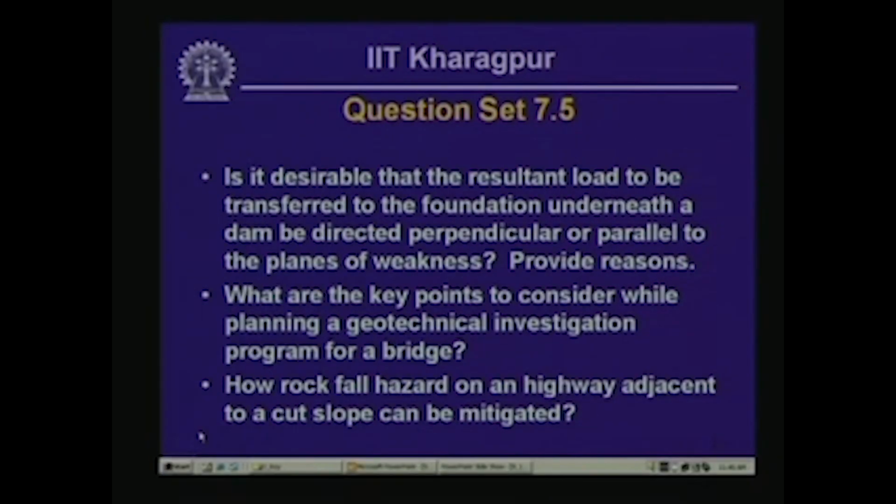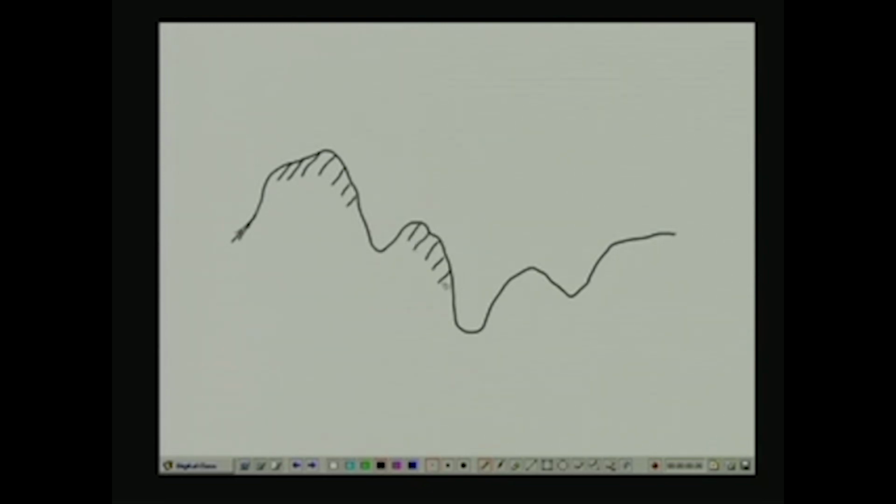Now, in order to illustrate the problem, let us consider a case like this. Let us say the bedrock surface is weathered in a very undulated, very irregular manner. So this is the surface of the intact bedrock. Now, the overburden on top of this intact bedrock is relatively weak.